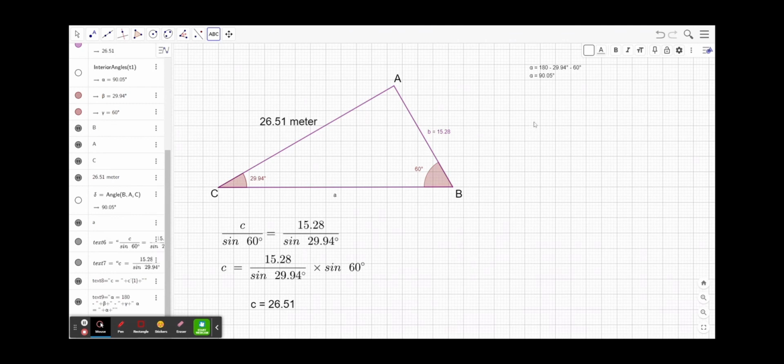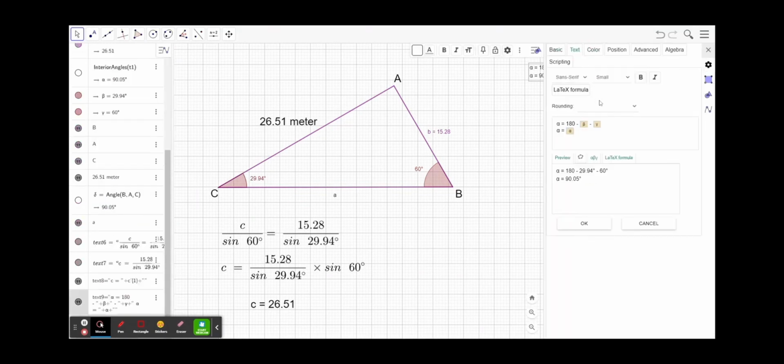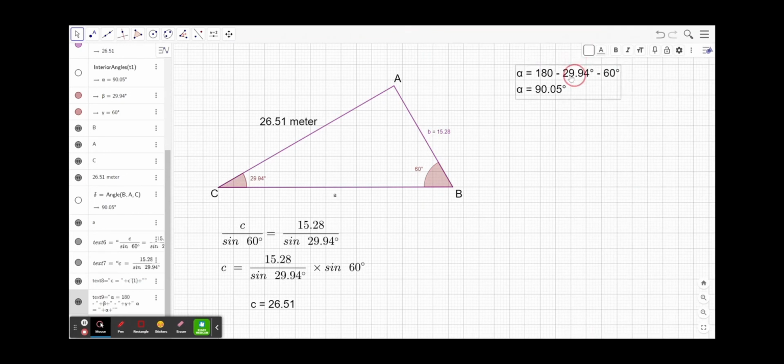Then we get the angle of A is equal to 90.05 degrees. Let's make the size bigger a bit. Then let's label the angle A in the diagram.